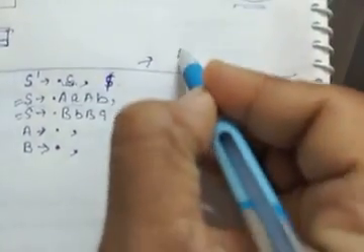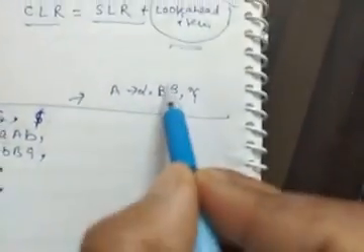So we have to find the second element like this. If there is alpha dot B beta and the second element is gamma, then the look ahead item or second item will depend upon first of beta gamma.